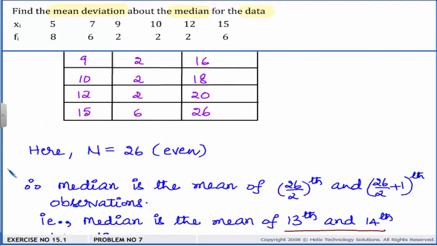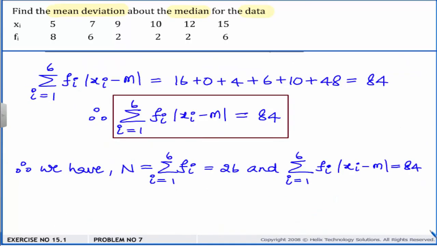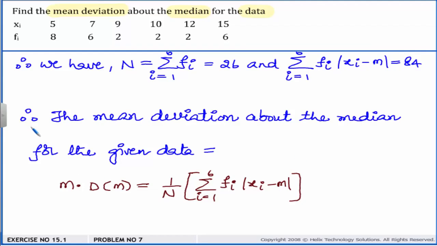Here, summation Fi into modulus of xi minus capital M, where i is equal to 1 to 6, is equal to 84. Therefore, the mean deviation about the median for the given data is MD about M is equal to 1 by N into summation fi into modulus of xi minus M, where i is equal to 1 to 6.